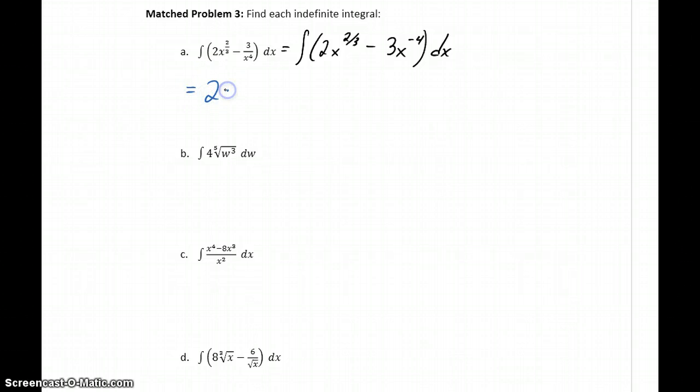We'll just write this as 2 times x. We're adding 1 to that exponent, so that's going to be x to the 5/3, and then divide by that exact same amount, minus 3 times x. Adding 1 to negative 4 is going to give us negative 3 over negative 3 plus some constant c.